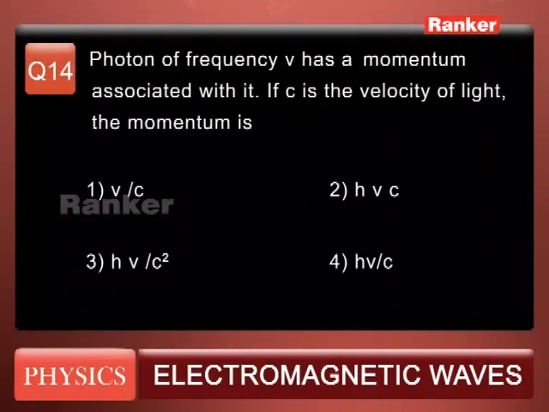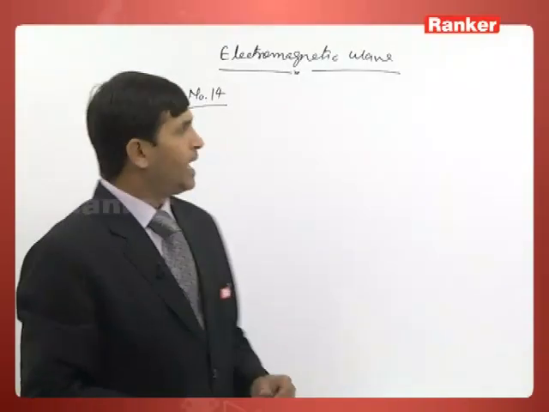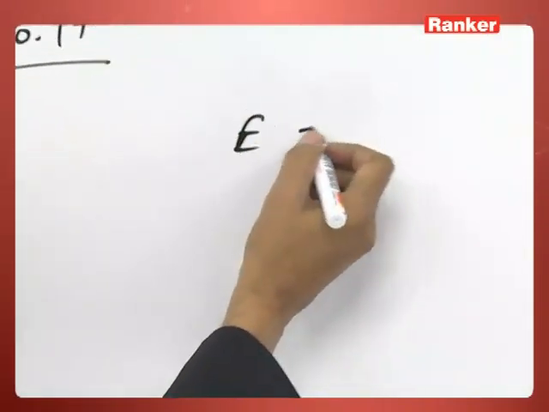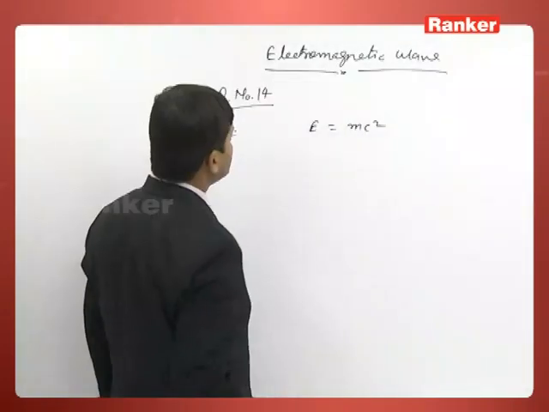Question number 14. A photon of frequency nu has a momentum associated with it. If c is the velocity of light, the momentum is given as: first option nu by c, second option h nu into c, third option h nu by c squared, and the fourth option h nu by c. As we know, the energy of a photon is written as mc squared.